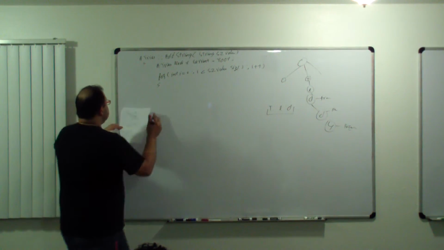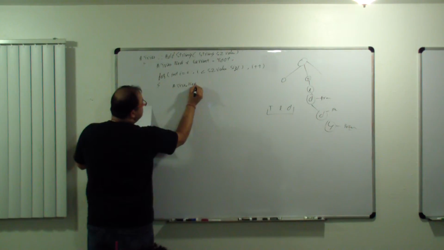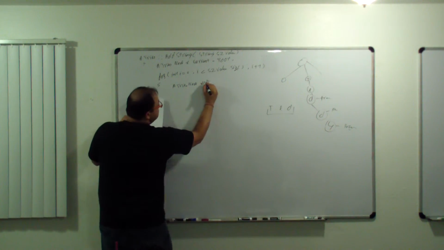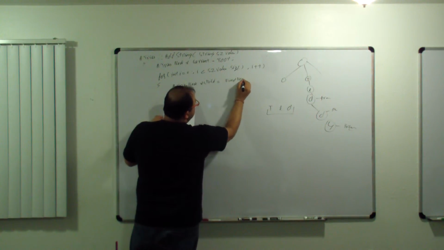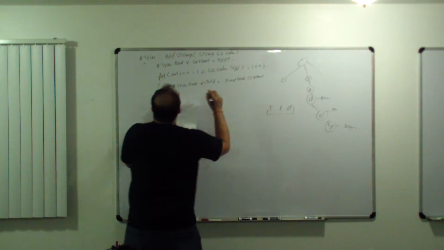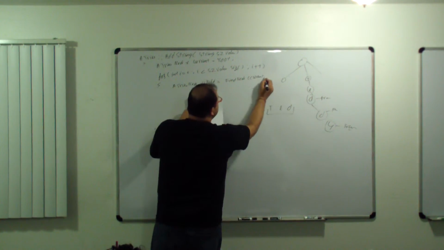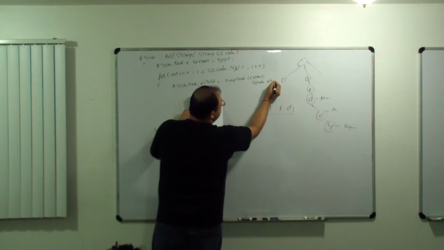First time we'll say ATries node star child is equal to find node current, comma SG value dot add i.